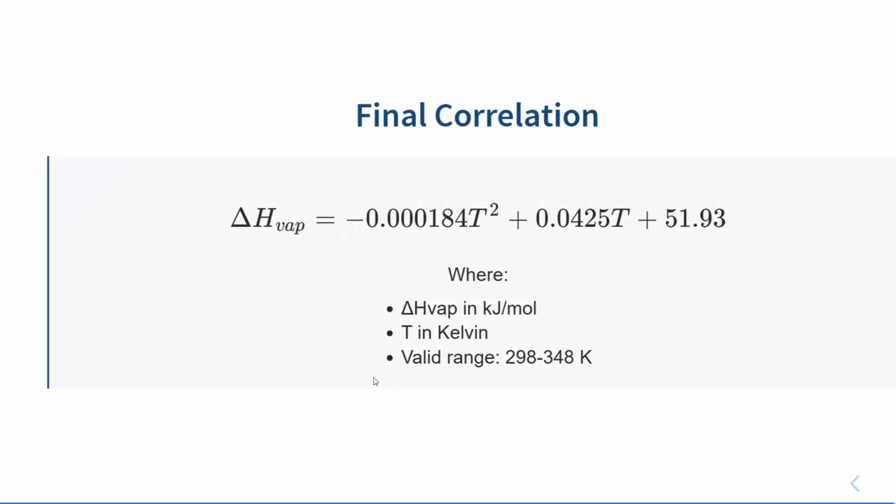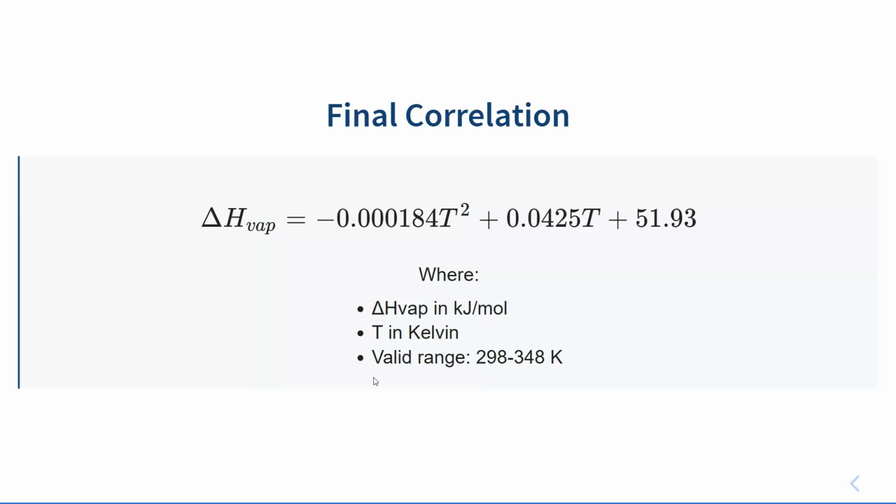Now after getting that, we can plug it in. So delH vapor is equal to minus 0.00184 T square plus 0.0425 T plus 51.93.